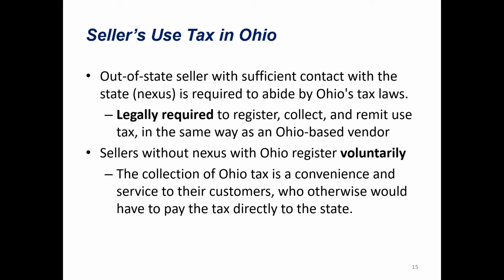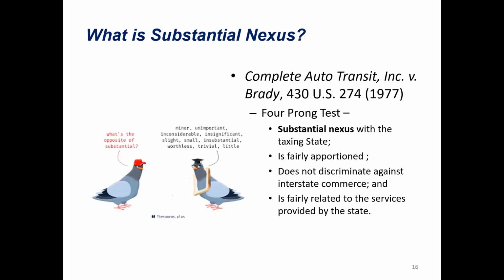Sellers without nexus with Ohio register generally voluntarily, in order to provide a convenience or service to customers so that they do not have to put it on their Ohio income tax return or use a voluntary pay form. Now, what actually constitutes substantial nexus, Lori is going to discuss that.